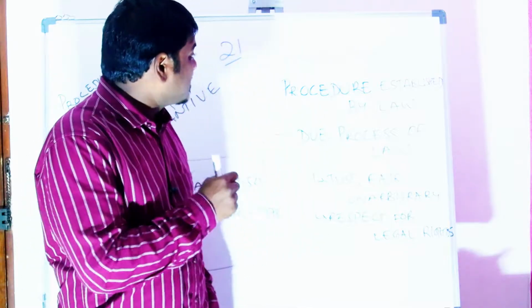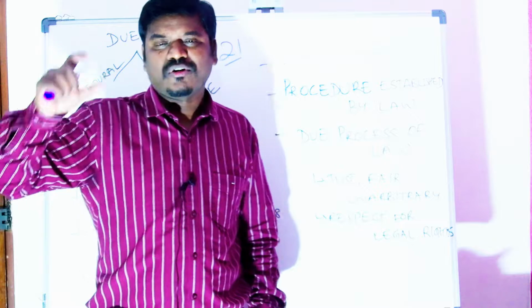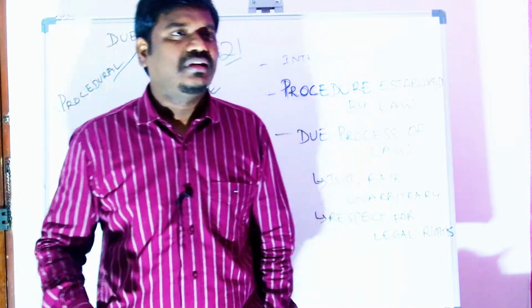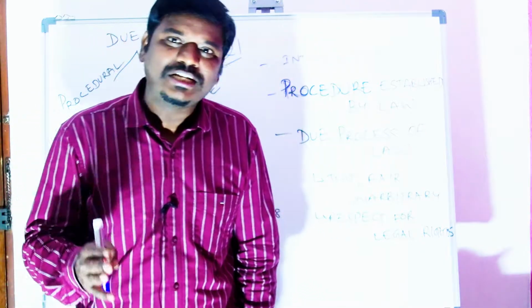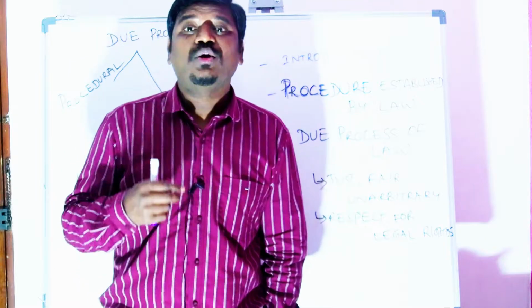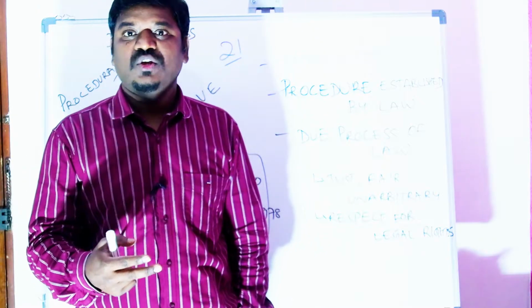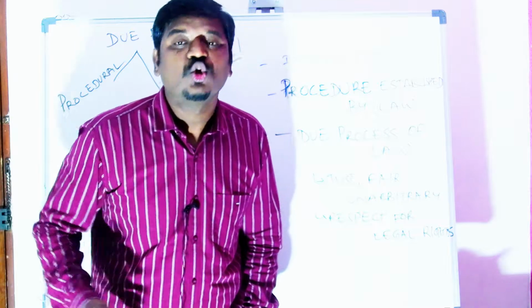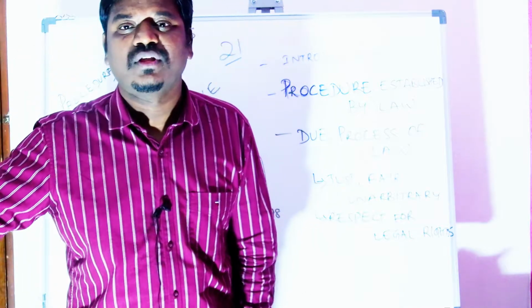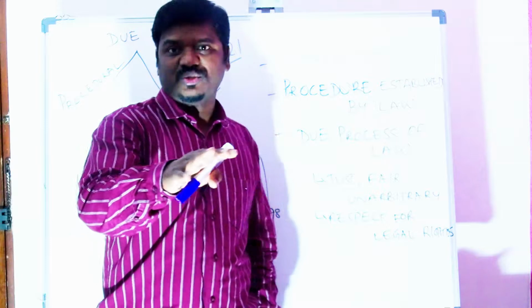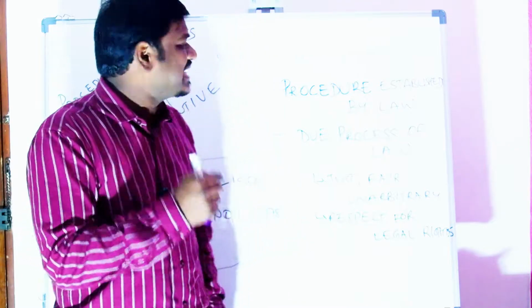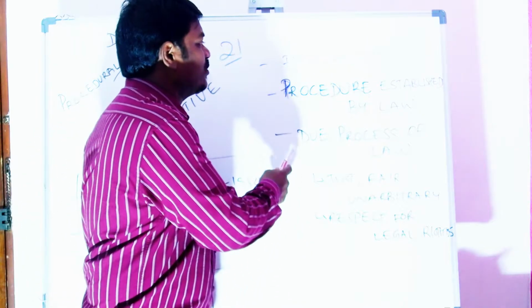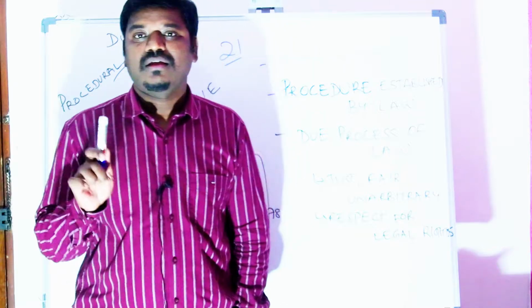Here, there is a possibility for a set of people, that is the ruling political class, who can manipulate things, who can be unjust, who can be arbitrary, who cannot be fair as well. These are the disadvantages of the procedure established by law.